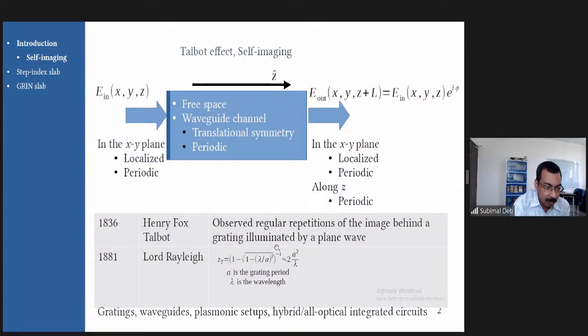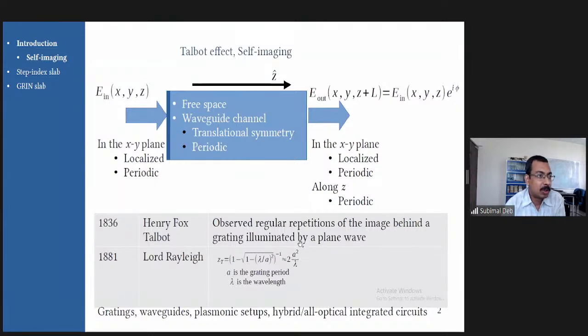The expression I have already given over here is an expression that we will take into account when we look at the results for the step index slab. But just to note, in the paraxial approximation, that is when the dimension of the system, a, is much, much larger than the wavelength being used, the Talbot distance reduces to 2a² over λ.